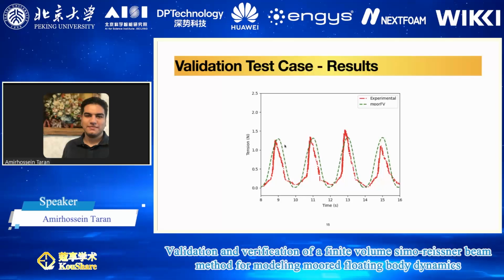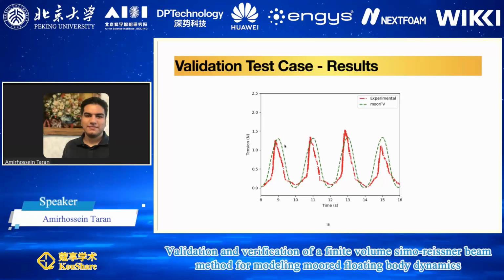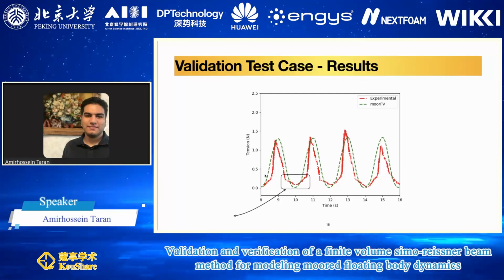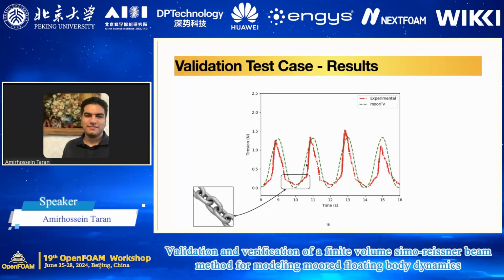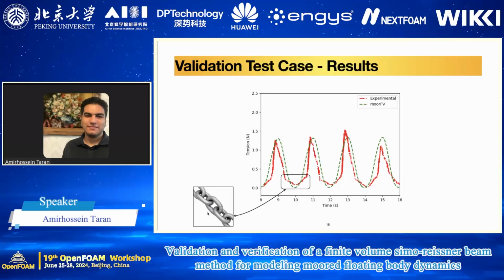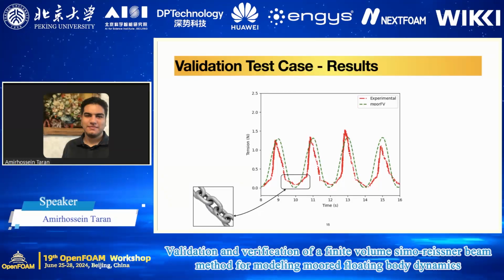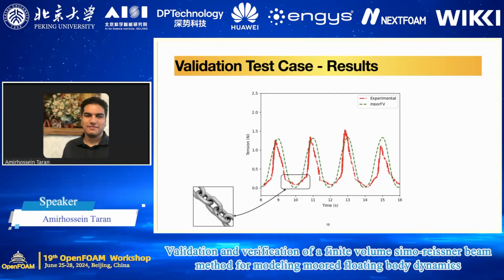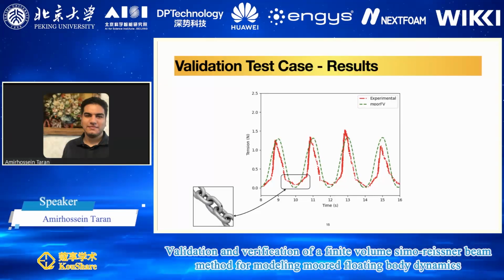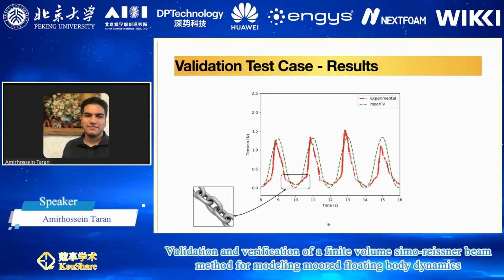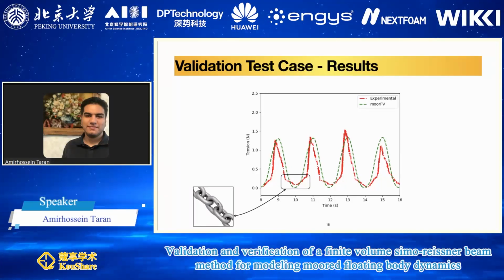There are some problems when you are about to replicate such experiments. For example, in this area you can see an offset between these two types of results, and that's because in the experimental work they consider a chain, but what we have in our simulation is a beam, with a calibrated diameter, while in the experimental work they have a different diameter because they have a chain.